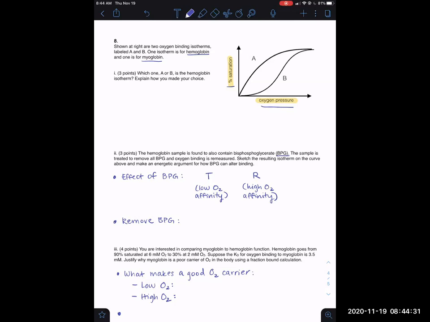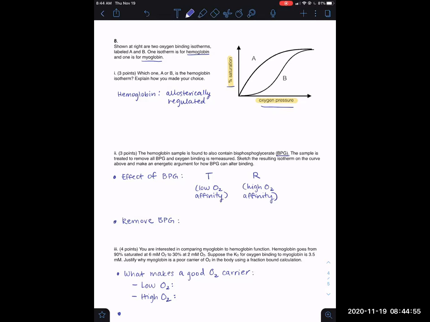Now, what we know about hemoglobin is that it is allosterically regulated, which means that already oxygenated hemoglobin has a higher affinity for oxygen and binds it more tightly.